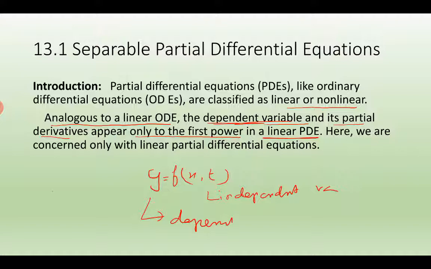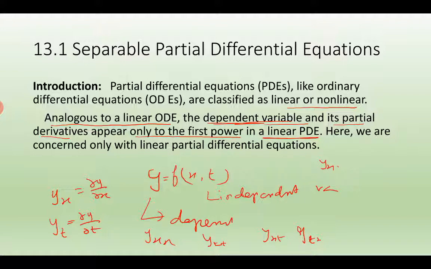So y_x means the derivative of y with respect to x, y_t the first derivative of y with respect to t. This is called the partial derivative, dou y over dou x, dou y over dou t. We can write y_xx, y_tt, or y_xt, or y_tx. Or if I write a differential equation, y_xx plus y_tt is equal to 0.